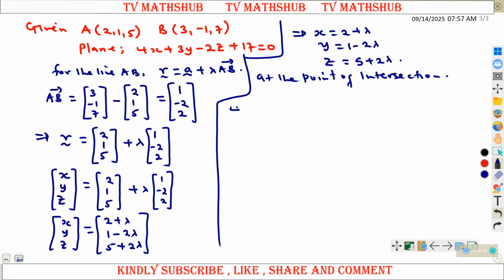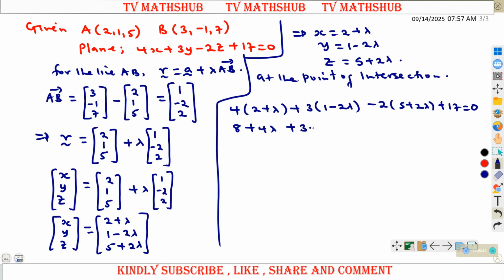And for that case, we shall have 4 into (2 plus lambda), then 3 into (1 minus 2 lambda), then -2 into (5 plus 2 lambda), and plus 17, which is equal to 0. So this will give us 8 plus 4 lambda, plus 3 minus 6 lambda, then minus 10 minus 4 lambda, then plus 17, which is equal to 0.